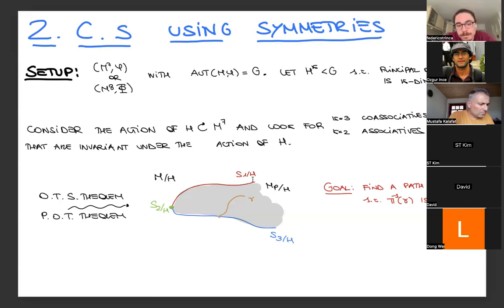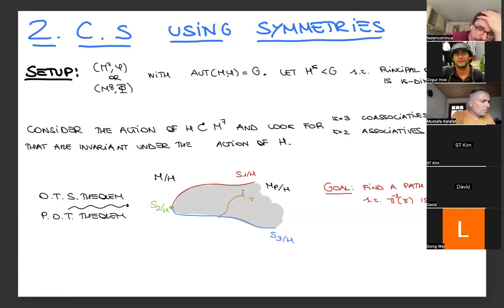which are the strata of my stratification theorem, and are characterized by being lower dimensional and having some bigger isotropy group. Now the goal is to find a path in such an orbit space so that when we pull back to the total space, so when we pick essentially the action of the group on this curve gamma, what we obtain is a calibrated submanifold.